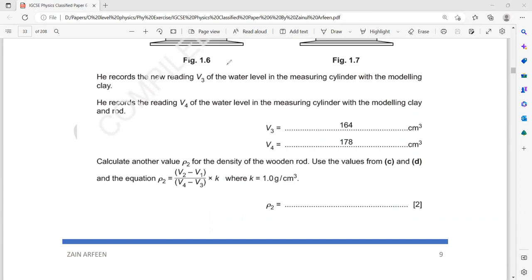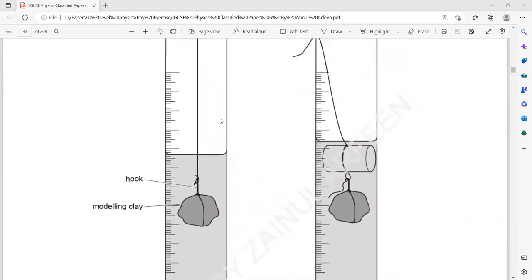Modeling clay, it can be any object. What is the purpose of using this modeling clay? Say you have a measuring cylinder filled with water and you want to work out the volume of the wooden object. That wooden object will float, so it won't be accurate. It should be completely submerged.